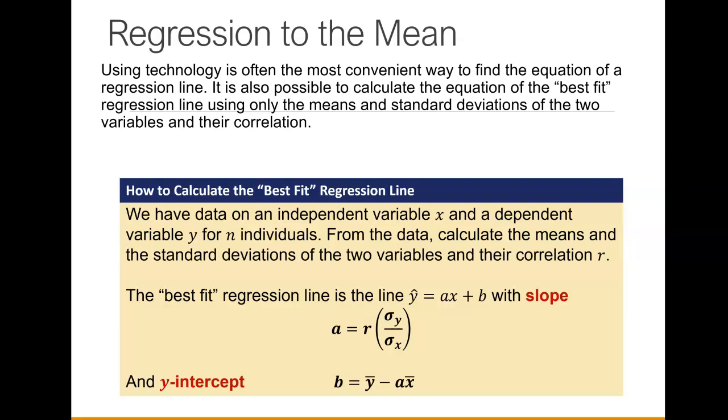I don't know why we've changed from m to a all of a sudden. Probably because that matches what the calculator says. The way we can calculate our slope is the r value times the standard deviation of the y's divided by the standard deviation of the x's. And the b value would be the y mean minus the slope times the x mean.